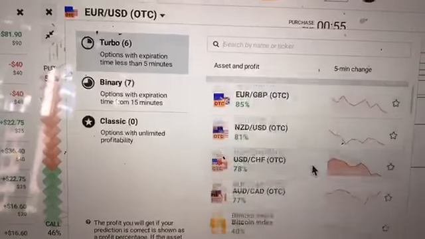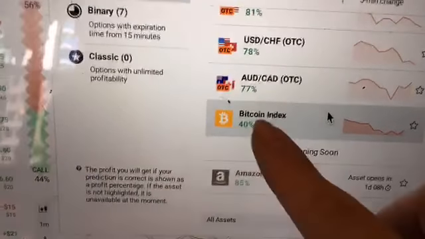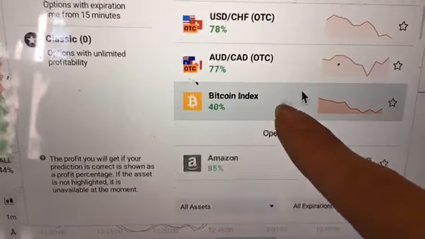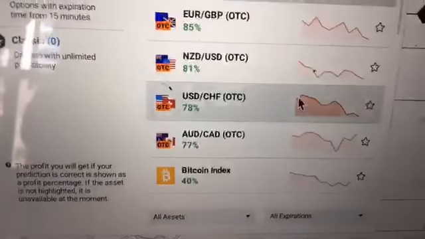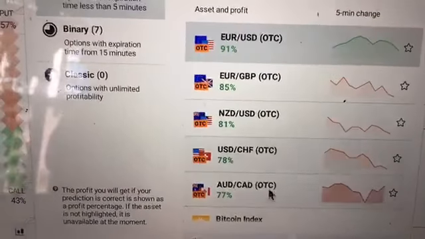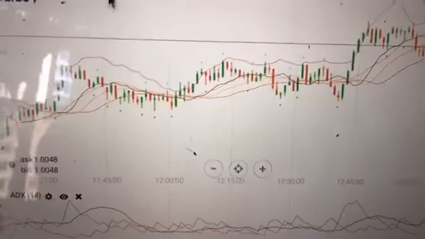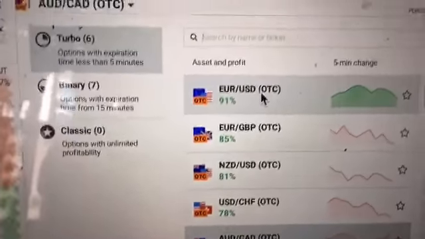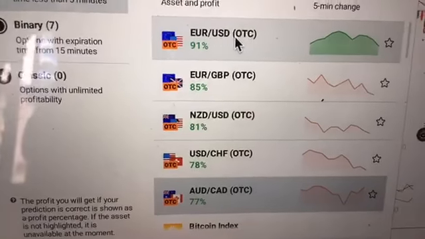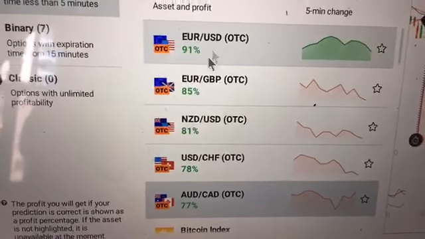For those of you in Europe, you're probably going to see Bitcoin, but it sucks to trade. The payout is just so bad. But for the rest of us, there's not a lot of choice, but there is some choice, and the payouts are pretty decent. It goes up to 91%, and I believe if you get a VIP account, you get more than that.